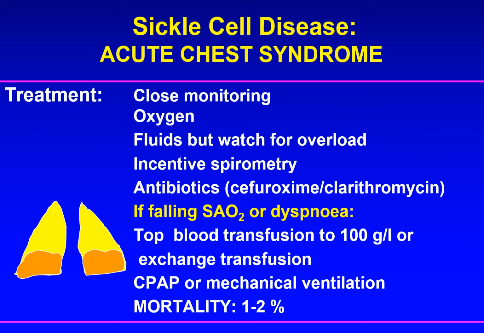So the way that we manage acute chest syndrome is to monitor the patient very carefully, give oxygen, can give fluids, but really watch for overload. Incentive spirometry is important to increase the lung capacity. Giving antibiotics, cefuroxime or ceftriaxone, as well as clarithromycin to cover all of the usual respiratory infections.